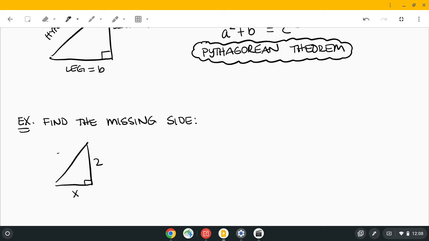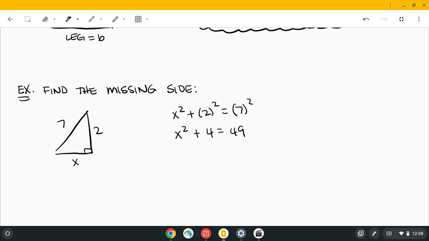Suppose I know that is 7 and this is 2. Then according to my Pythagorean theorem, x squared plus 2 squared equals 7 squared. So x squared plus 4 equals 49. Solving for x, subtract 4 on both sides. So x squared equals 45.